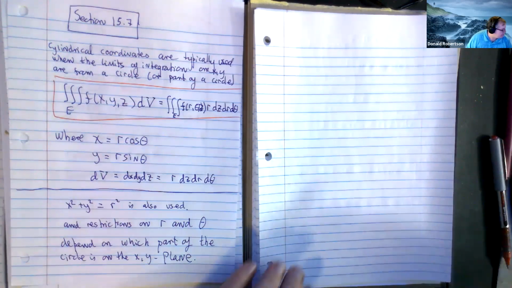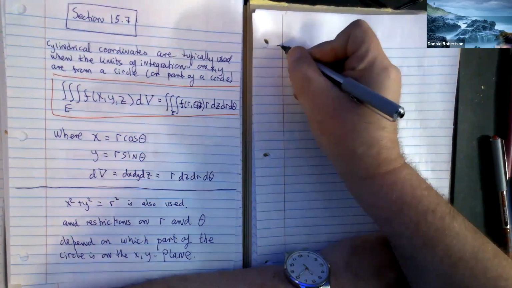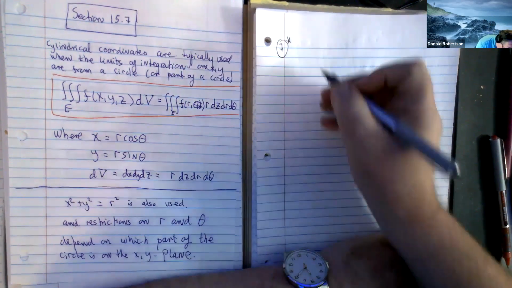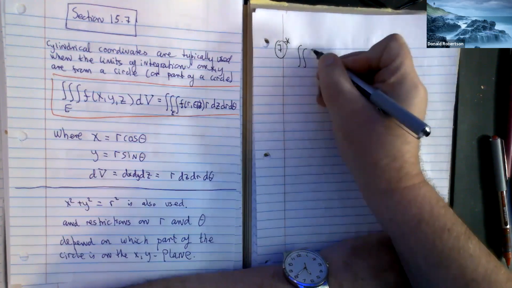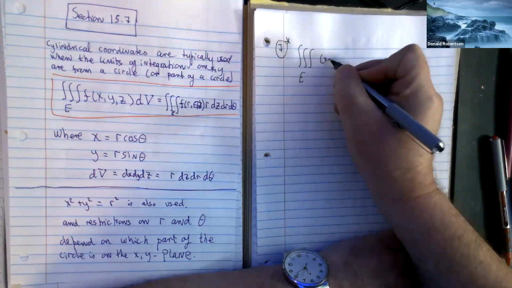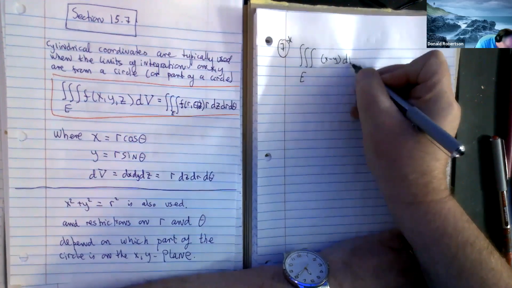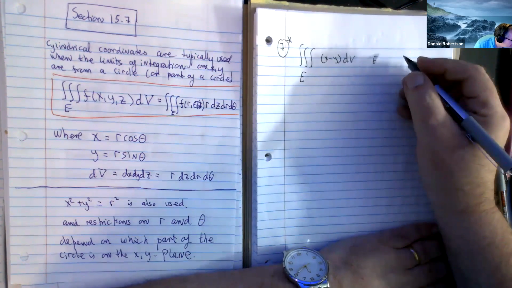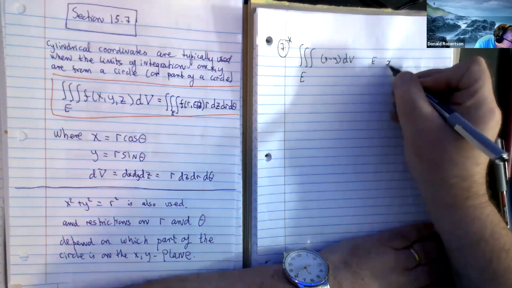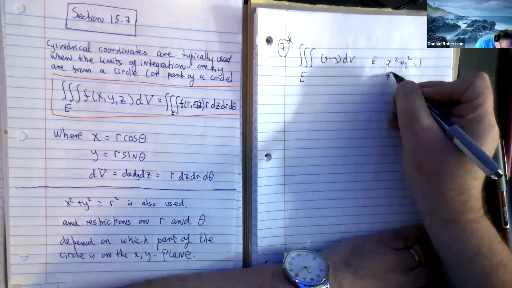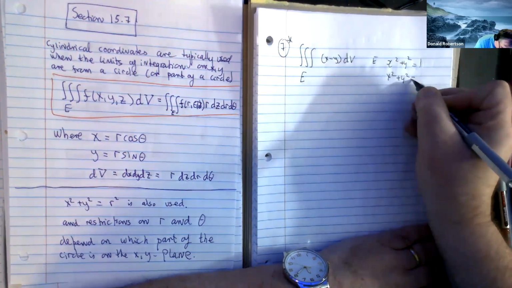Yeah, let's try this one. Question 7. You're trying to calculate this triple integral. It's this guy here. And E is between x squared plus y squared equals 1 and x squared plus y squared equals 16.